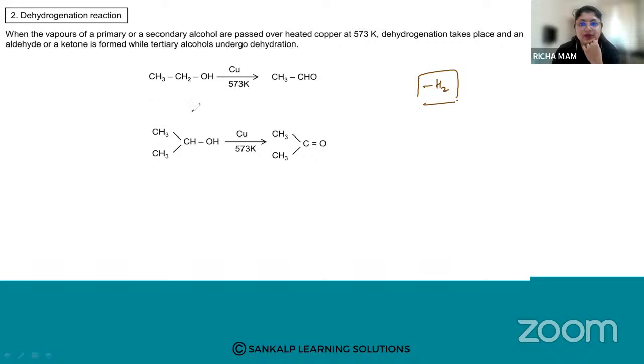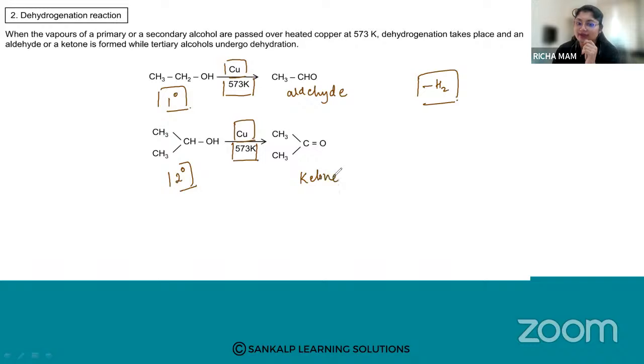We took a primary alcohol, took copper metal, and heated at a temperature of 573 Kelvin. We get the corresponding aldehyde. Again, if you take a secondary alcohol and treat it with copper metal and heat at 573 Kelvin, we get the corresponding ketone.